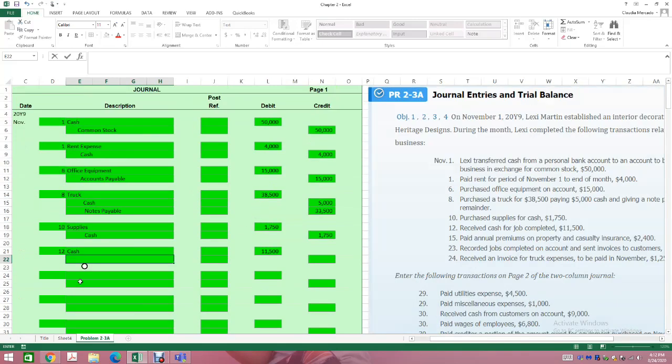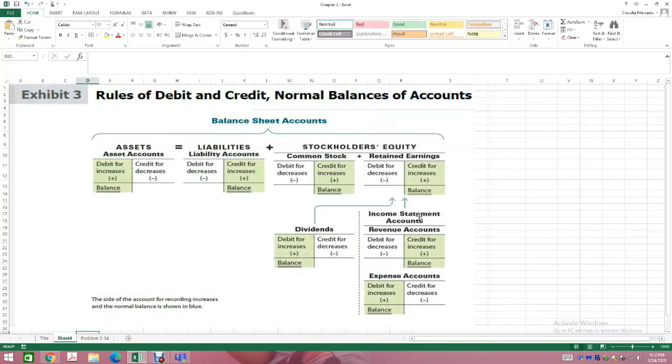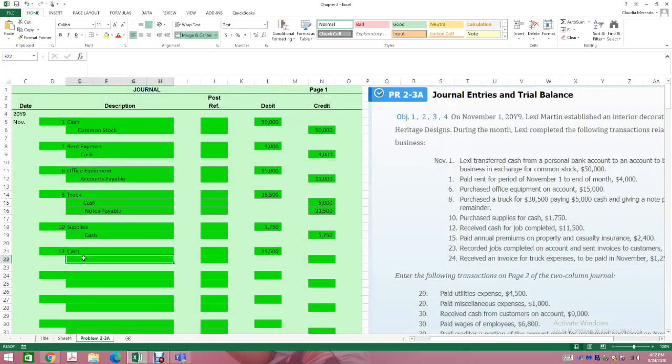If you generate revenue, you generated revenue in this case because you performed a service. You generated money. That's going to be an increase. You're going to credit the revenue account. So my revenue account is fees earned for $11,500. Okay.